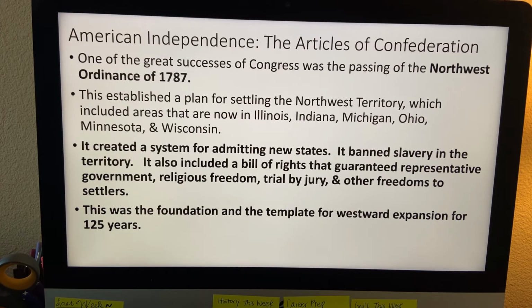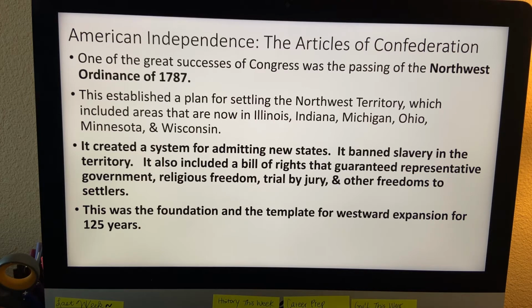One of the good things that the Articles did was the passing of the Northwest Ordinance of 1787. Now, this becomes the foundation and the template for all Western expansion for the next 125 years. So this is very significant. This is one of the great things that they did.